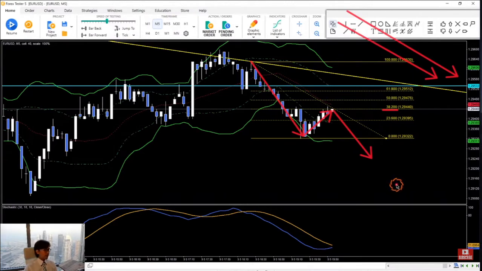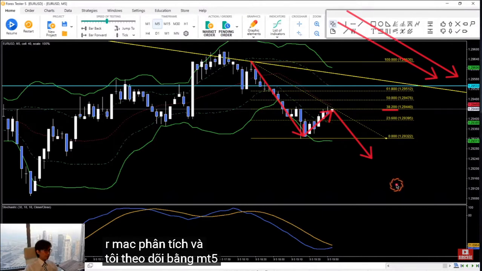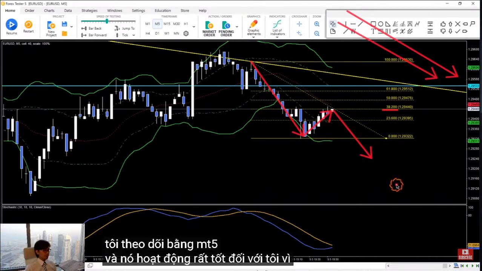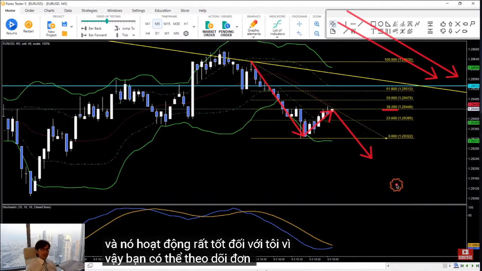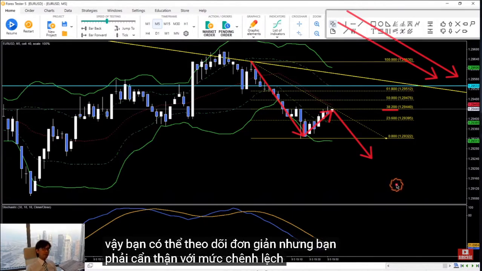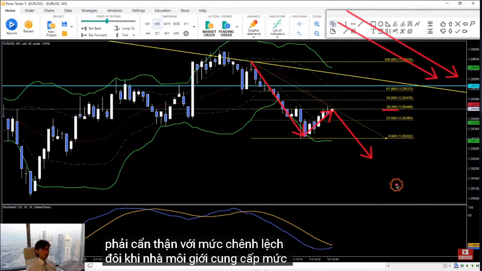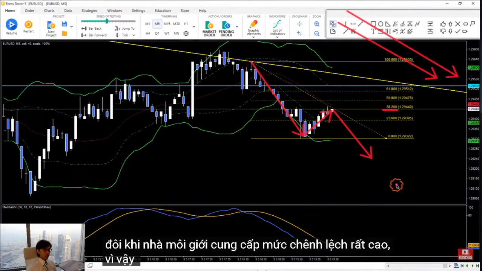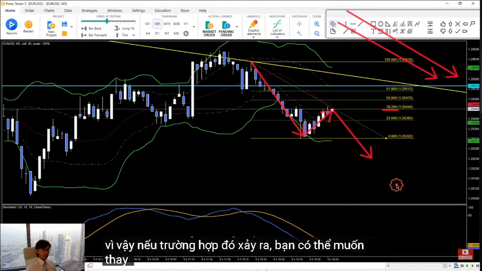So for myself, I use TradingView for market analysis, and I take trades on MT5, and it's been working great for me. So yeah, simply you can follow, but you have to be careful of the spread. Sometimes a broker offers very high spread, so if that's the case, you might want to change the broker.